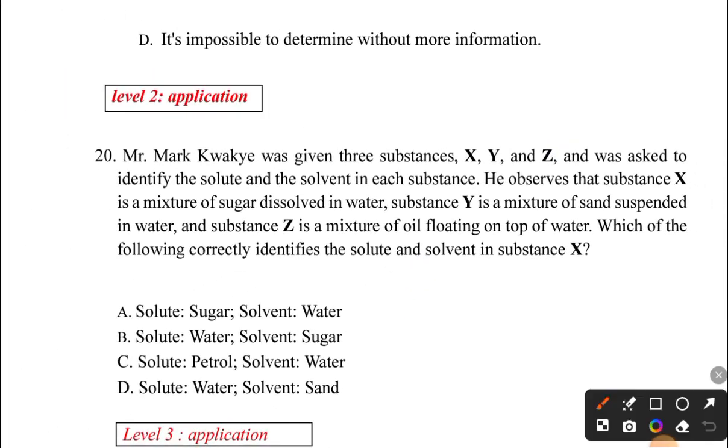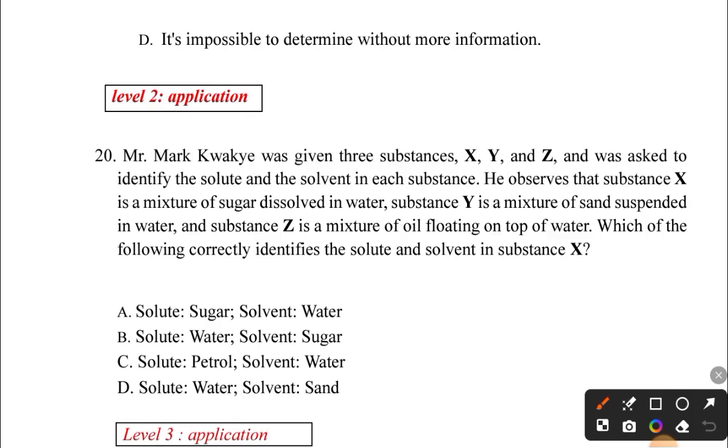Question 20. Mr. McQuarrie was given three substances, X, Y, and Z, and was asked to identify the solute and solvent in each substance. He observes that substance X is a mixture of sugar dissolved in water. Substance Y is a mixture of sand suspended in water.